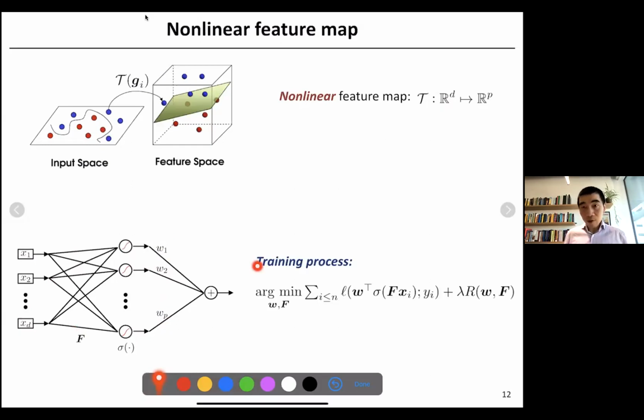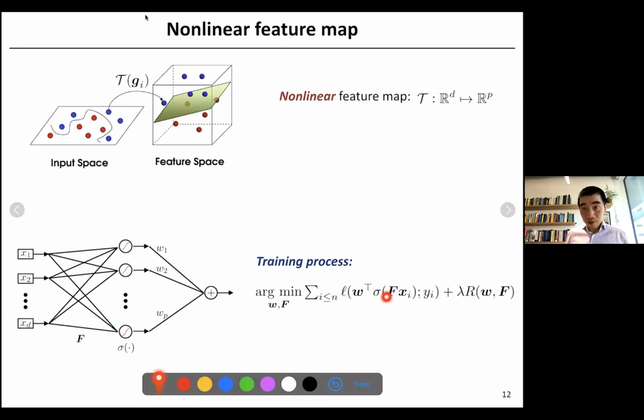So in terms of the training process, essentially what we're doing is something very similar to what we have seen before. You are minimizing the summation of a loss function and the regularizer. But in this case, what you need to change are both the weights at the last layer, about the hyperplane, and also the parameters of the feature learning, the feature mapping.